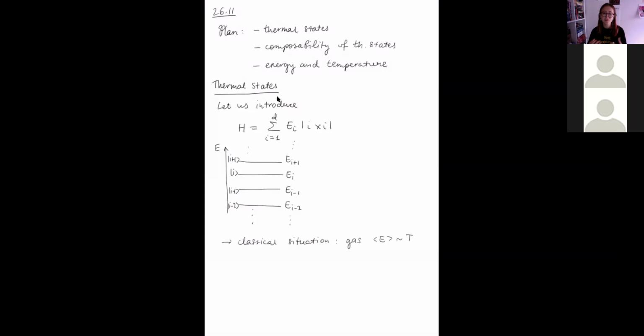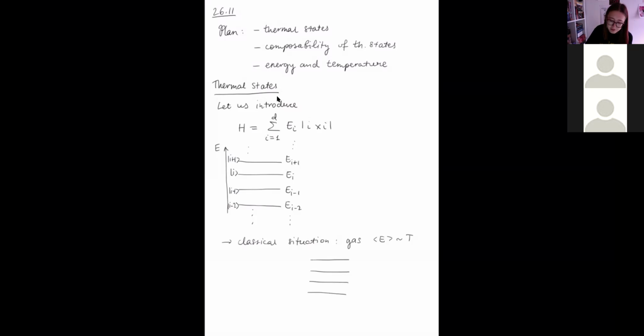It becomes obvious that the higher the energy, the fewer particles will be able to reach it, because it's only the average energy that is proportional to T. If we look at an energy level whose energy is bigger than the temperature, then the number of particles on that level would be less than the number of particles at the level with the energy corresponding to the temperature T. So in the gas, we would have a certain distribution of particles over the different energy levels.